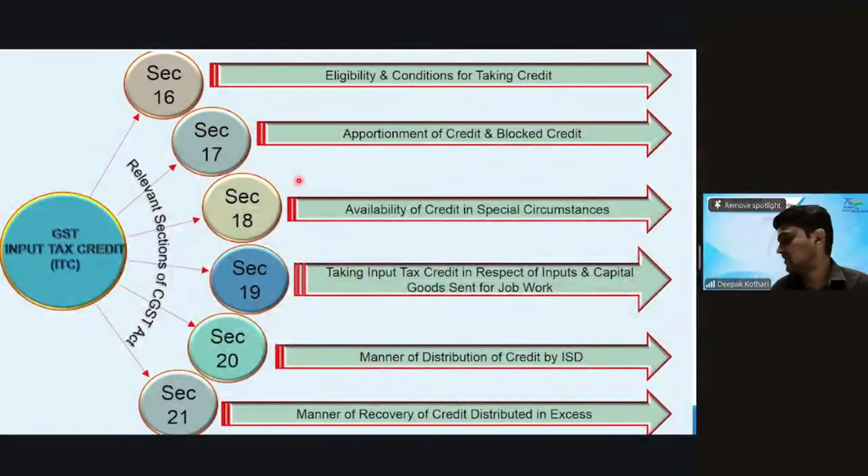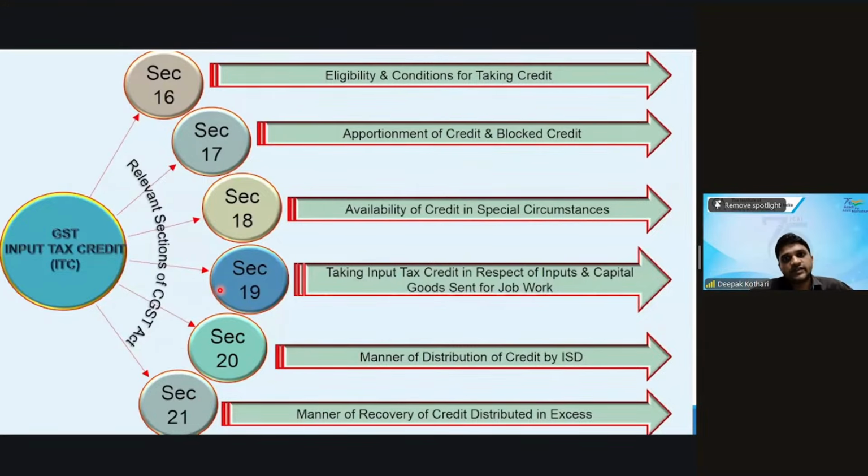Relevant sections of the ITC. The broader provisions of ITC start with section 16 and go up to section 21.